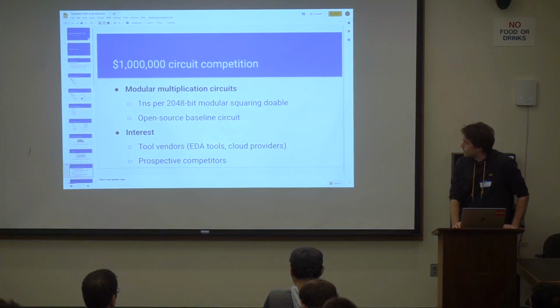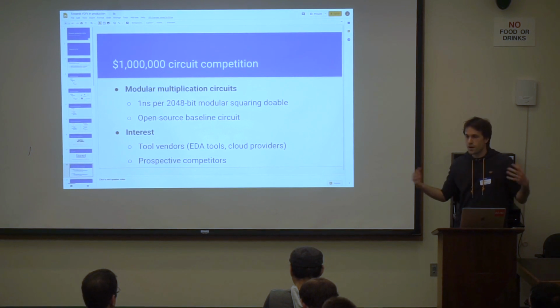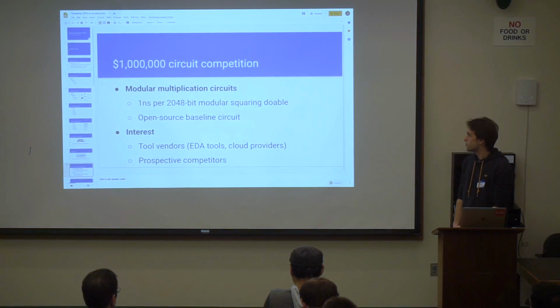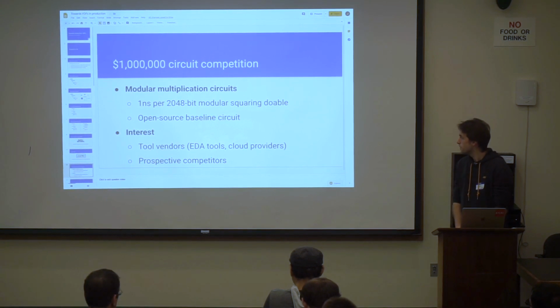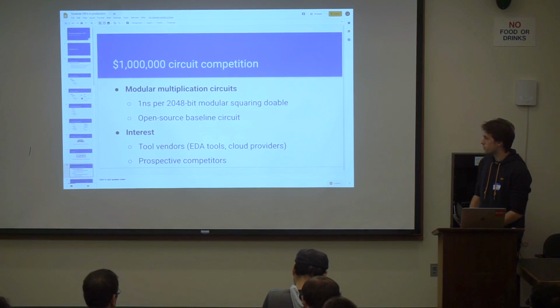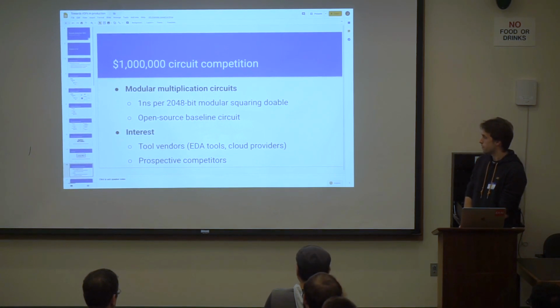The other interesting thing is the circuit competition. So we want to try and crowdsource the wisdom of the crowd in terms of designing really fast modular multiplication circuits. We believe we can do 1 nanosecond per modular squaring, and we will also produce an open source baseline.